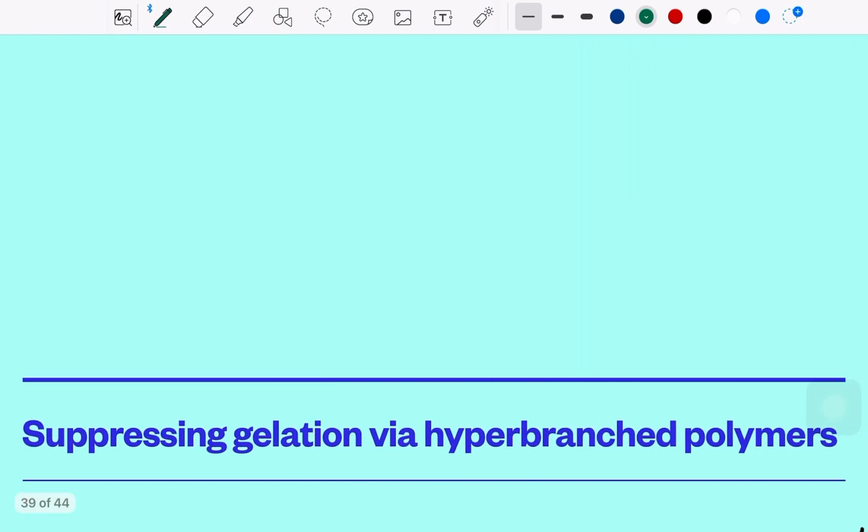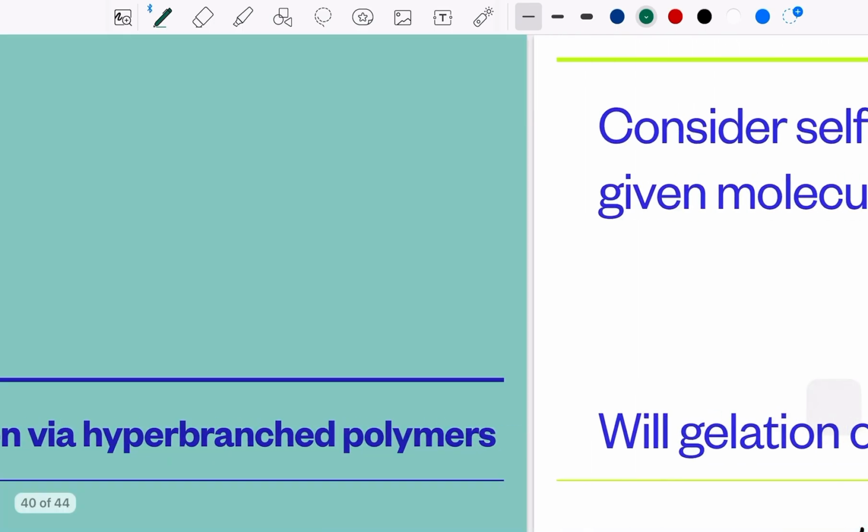But basically, the dendrimers or hyperbranched polymers, in our case, in gelation, are mostly used for suppressing gelation, okay? To suppress gelation.